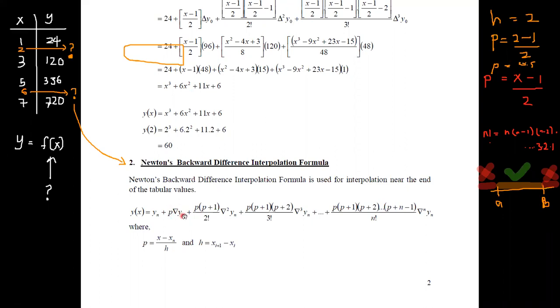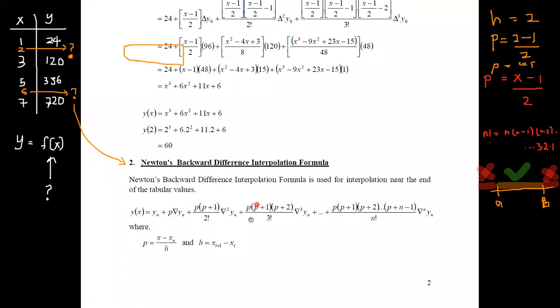Then the next term will be p into p plus 1 divided by 2 factorial into nabla 2 yn. Nabla yn is the first difference obtained for the last value. Nabla 2 yn is the second difference obtained for the last value.